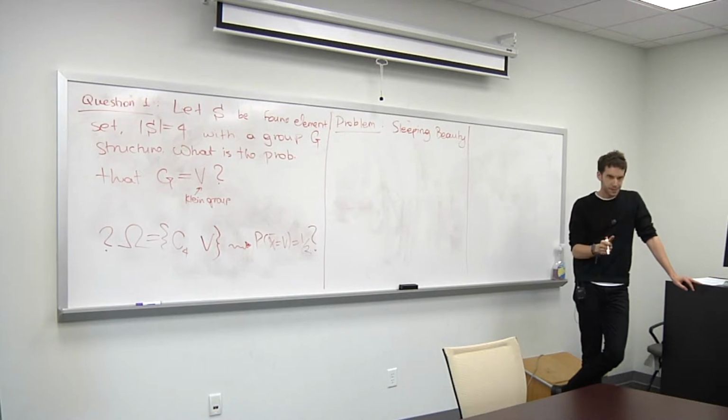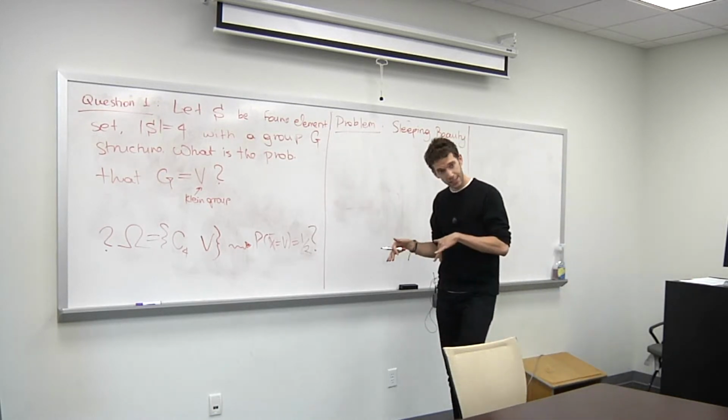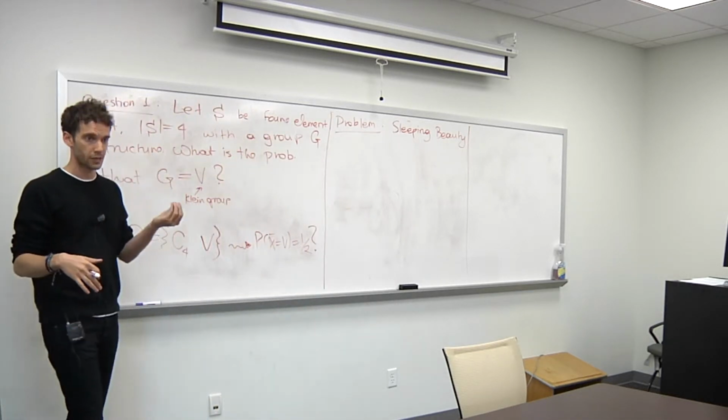If it lands tails, they're going to put her to sleep, let's assume it's Sunday when this is being described, and wake her up on Monday. Then they're going to put her back to sleep, give her a pill that makes her forget everything, and wake her up again on Tuesday.